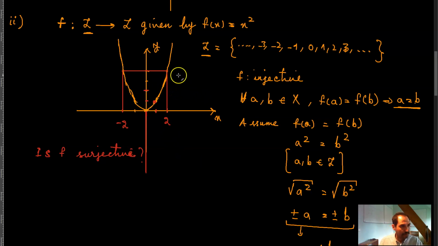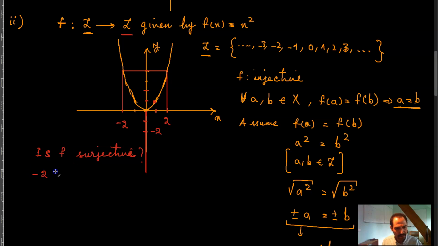So then you can simply argue that, for example, you can take the example of negative 2 down here, and that is actually a part of your codomain.